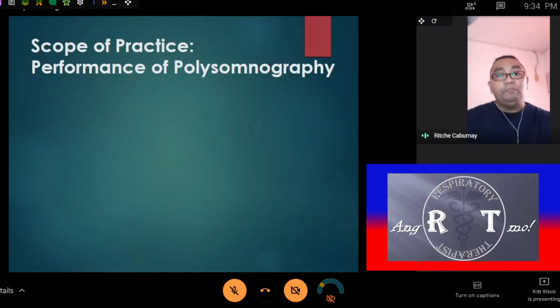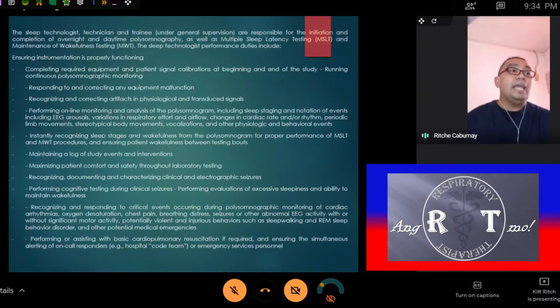Now, in terms of performance of polysomnography, aside from putting the electrodes on the whole body of the patient for monitoring the sleep study, you're also going to perform and initiate the completion of overnight and daytime polysomnography. What you're doing during the night is going to be different from daytime polysomnography.